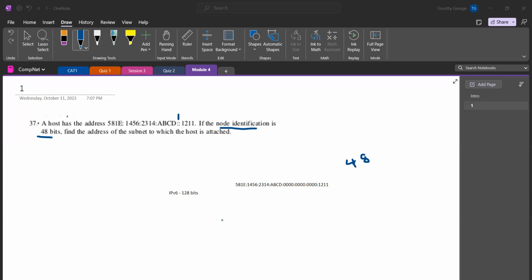It will be 48 divided by 4, which is 12 in hex. Because 12 times 4 you get 48. So that means these last 12 hex digits, this is the node.